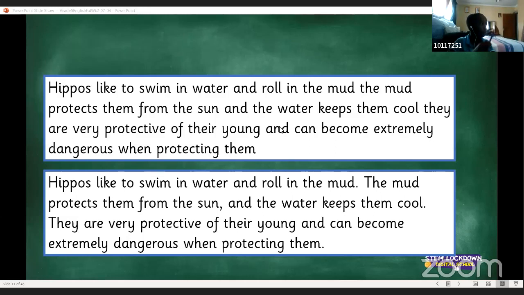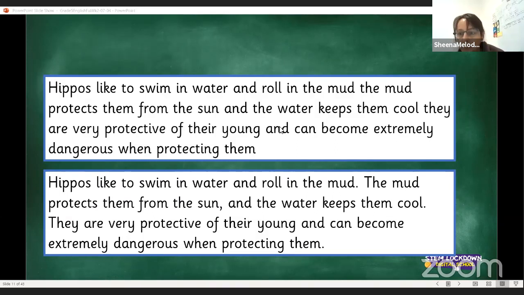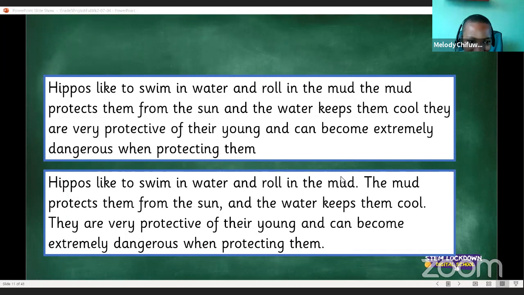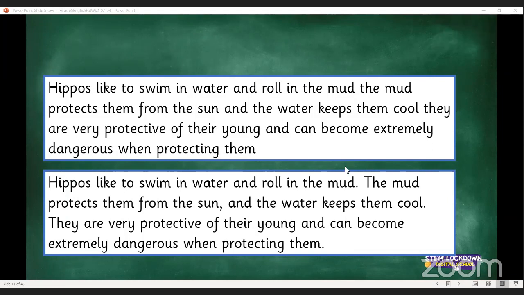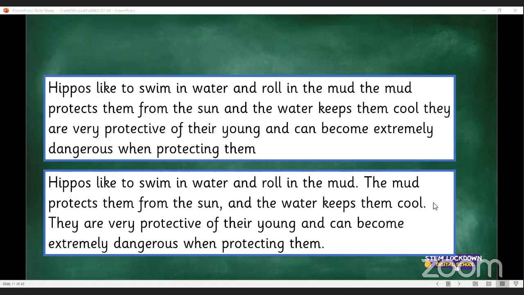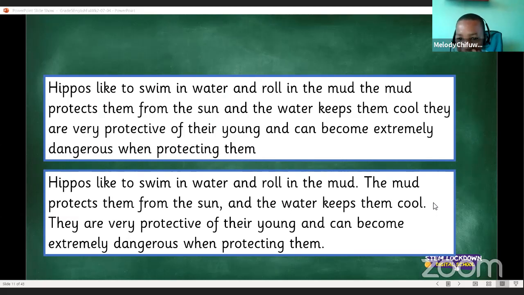So do you know what word sounds like a comma? Which word do we pause at? The mud protects them from the sun. I think that it's young. Okay, so is it near the water? What word is near the water? It's like, and the water keeps. Like, and.